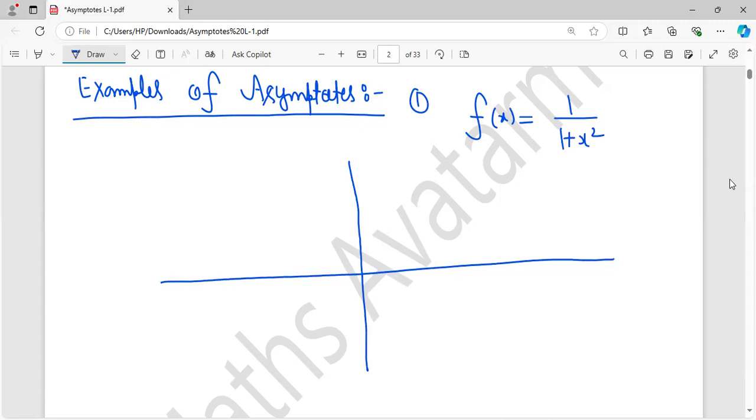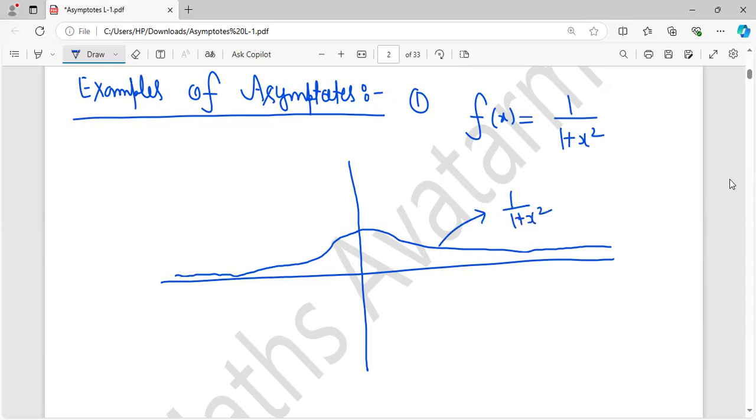At 0 it is 1 and it is nothing but like this. Okay. So the graph is this, 1 upon 1 plus x square.